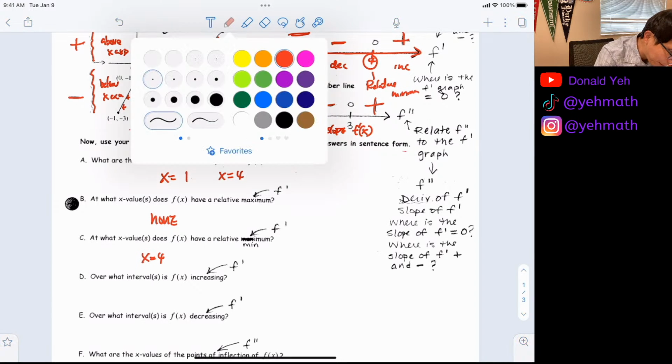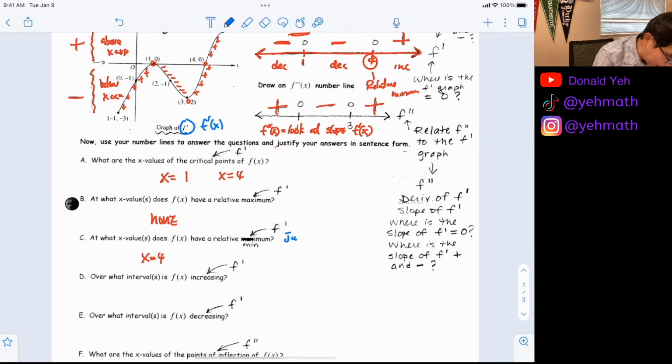Now, this part you have to make sure you know how to justify. Everybody needs to learn how to justify. Justify is how you list down the first derivative test statement. You're going to get 1 point for this, and another point for justification. So the justification says f prime of x changes from negative to positive at x equal to 4.